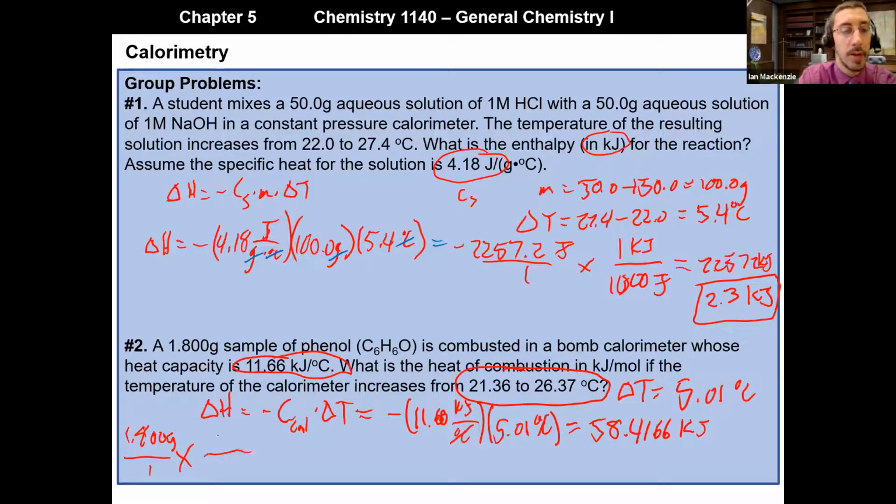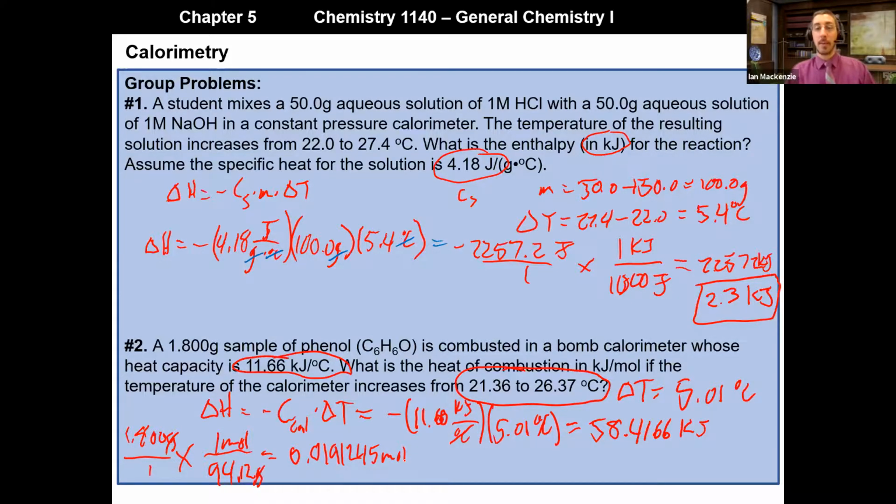So the moles go on top, 1 mole, 94.12 grams. Grams will cancel. And I come out with 1.800 divided by 94.12, and I come out with 0.0191245, just carrying extra digits, moles of the phenol.